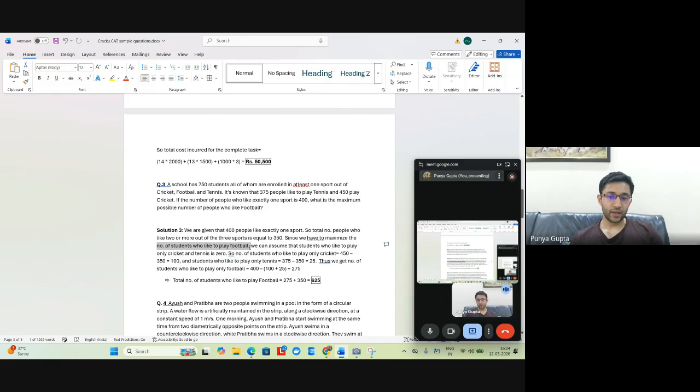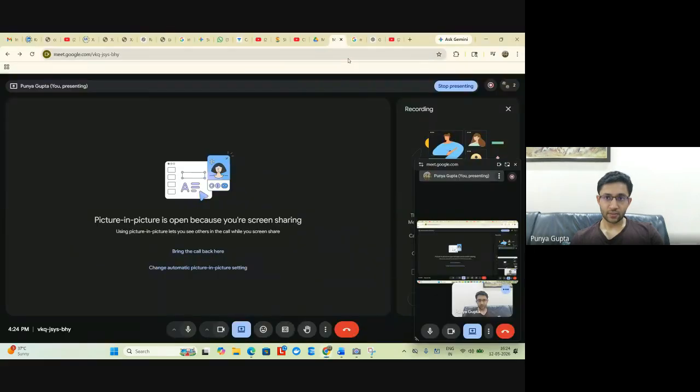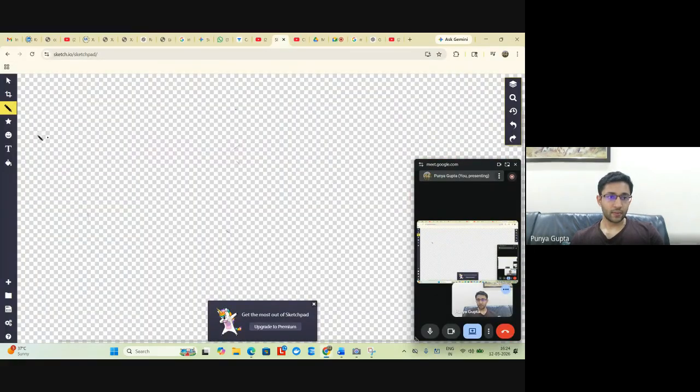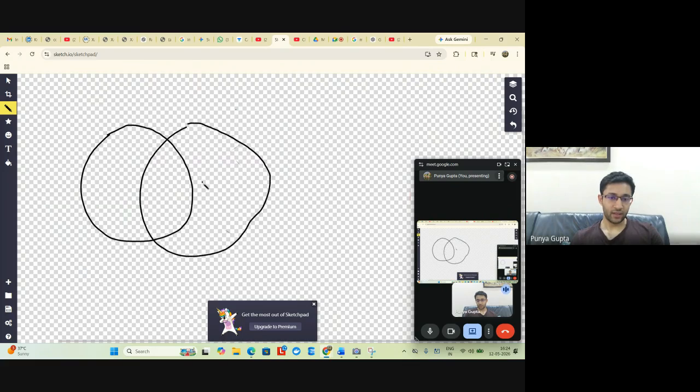So we can assume that the students who like to play only cricket and tennis is 0. This question might be more clear with the help of a Venn diagram. Let us say this is cricket, this is tennis, and this is football.